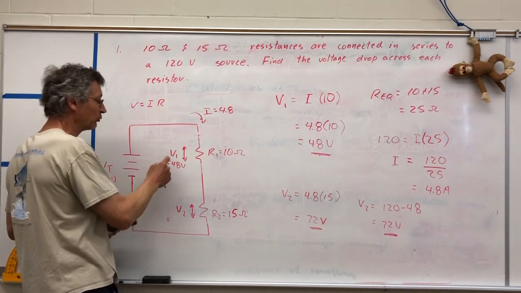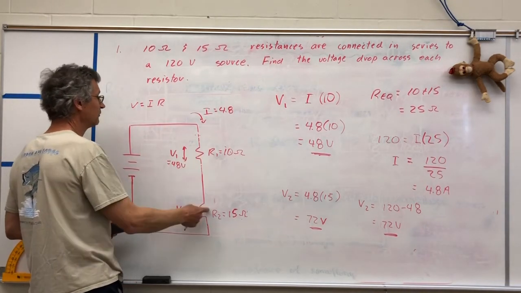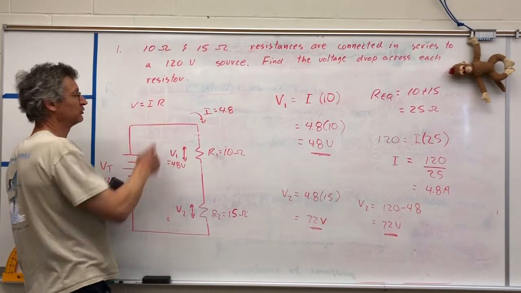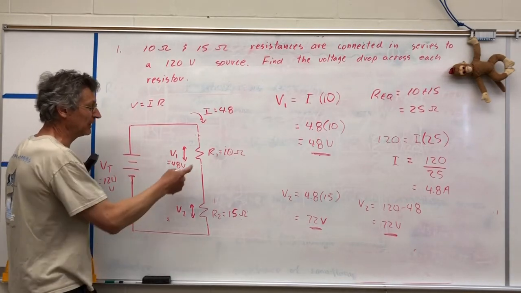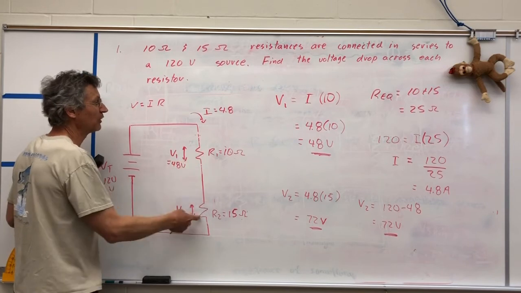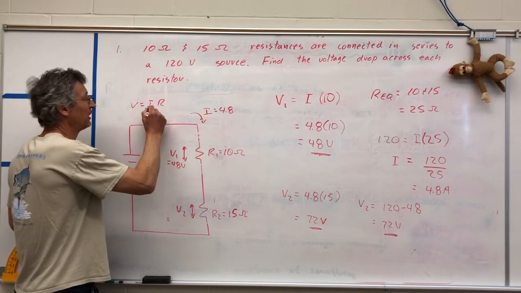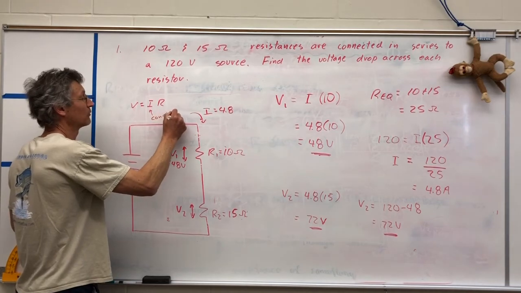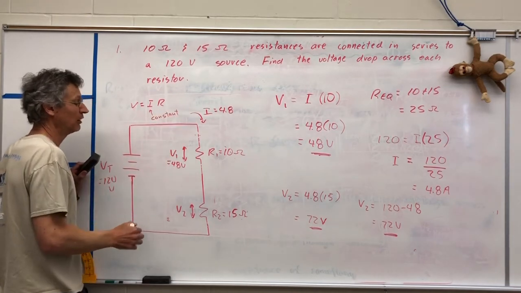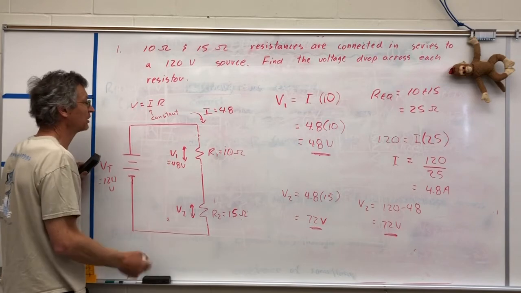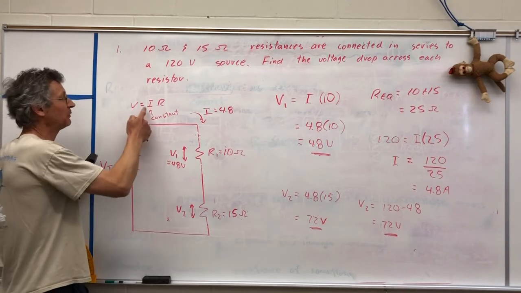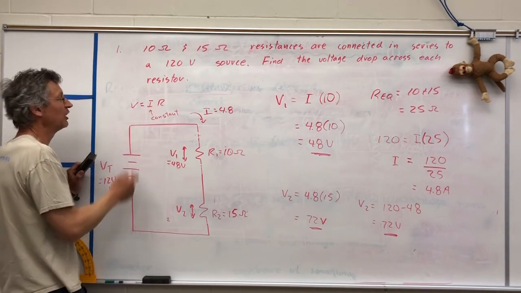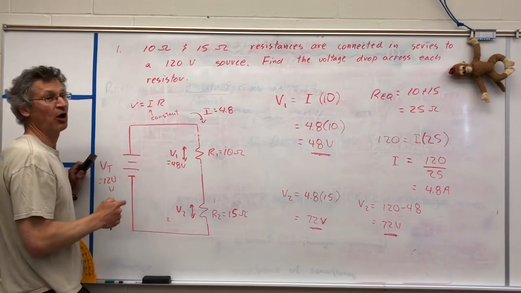Doesn't matter which one of these resistances you're talking about. But in both cases, the current is the same thing. The current is a constant. So no matter which resistance you're talking about, the voltage is going to be some constant times the resistance. The voltage and the resistance are proportional to each other.